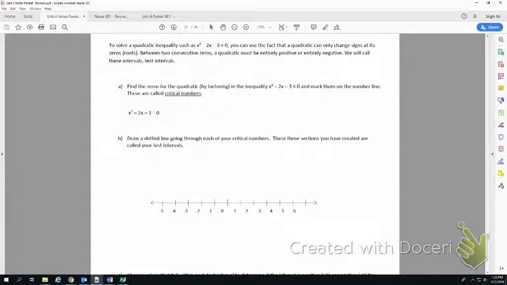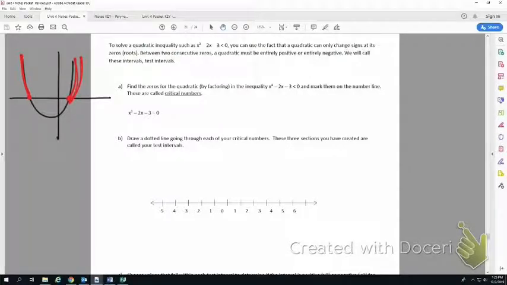All that's saying, in a nutshell, is whenever you're looking at a parabola, between here and here, it is all negative. This whole part would all be positive. This whole part would all be positive.